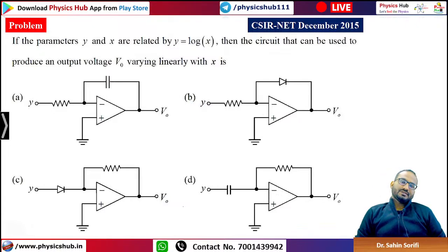If the parameters y and x are related by y is equal to log x, then the circuit that can be used to produce an output voltage V0 varying linearly with x is which? Read the question and do it.